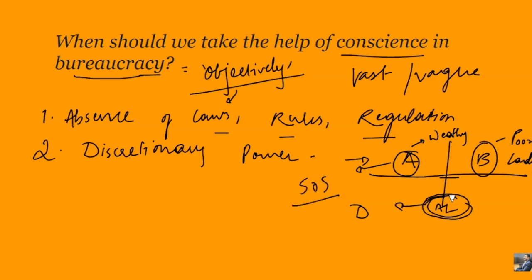But if I do not assign, if not completely, even partly, this piece of agricultural land to this lady B, she will not have any other source of sustenance, and hence her life will be impacted.